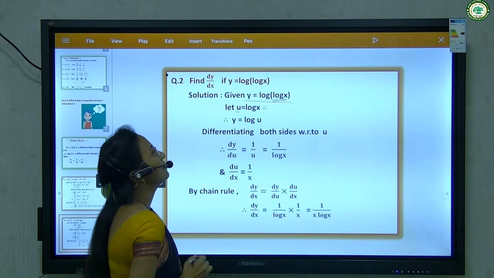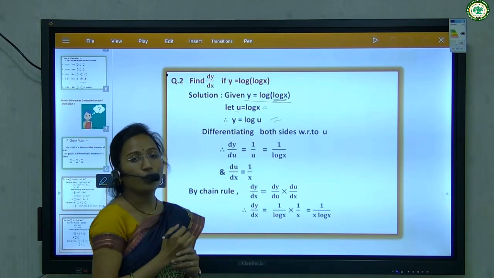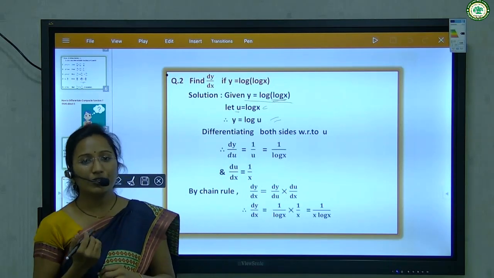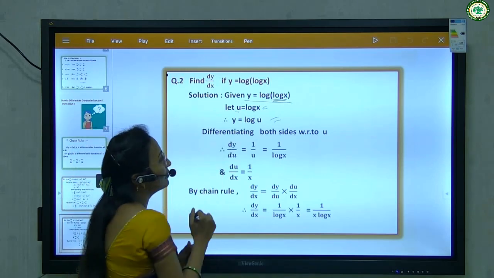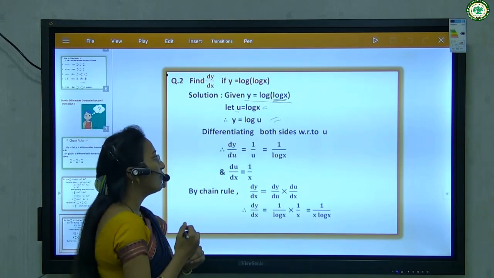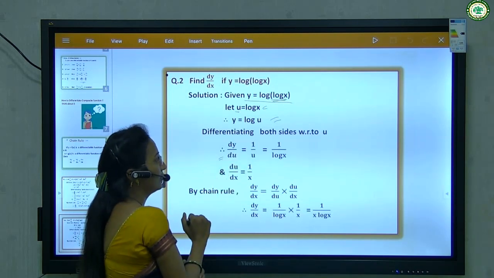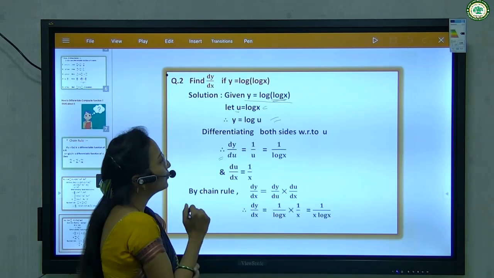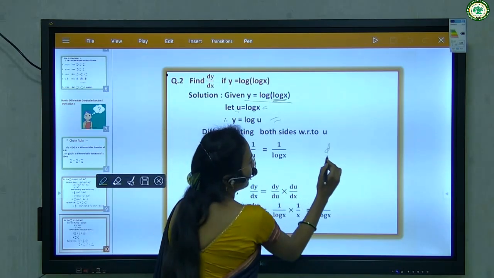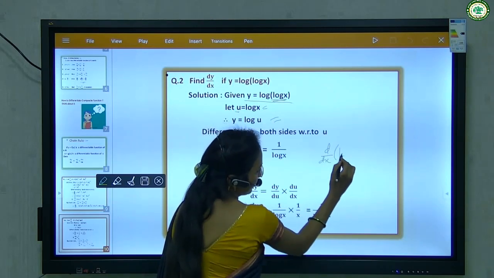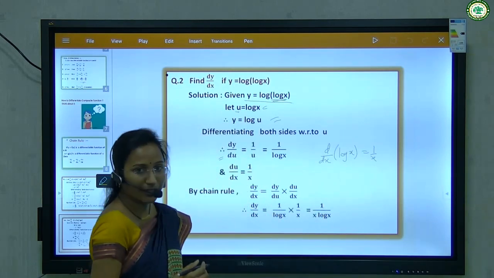Therefore, our function becomes y is equal to log of u. Now here we see that y is equal to log of u is a differentiable function of u. Therefore, I will differentiate y with respect to u. The derivative of y with respect to u, dy upon du, is equal to the derivative of log u with respect to u, which is 1 upon u, because we know that the derivative of log x with respect to x is 1 by x, which is the standard formula of derivative.